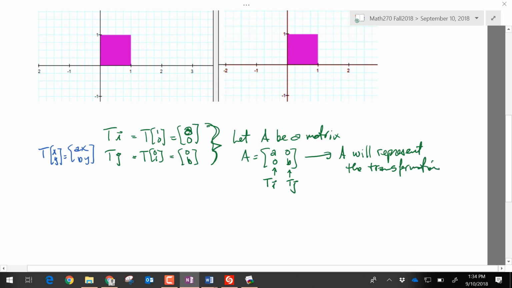So A will represent the transformation, and then you can use this to perform your linear transformations.